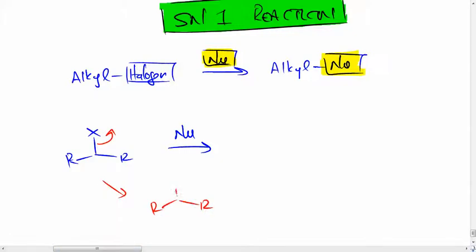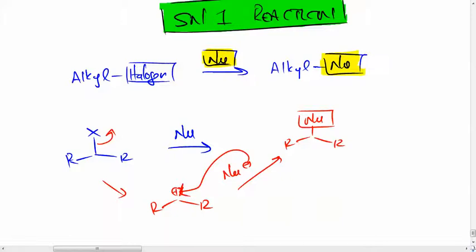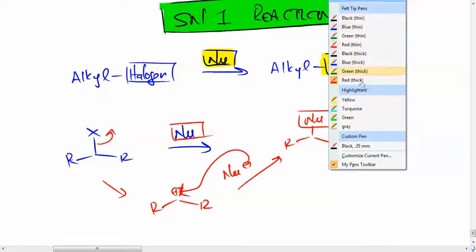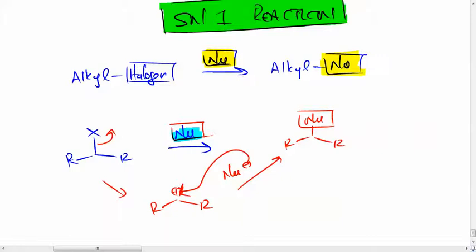Once we generate our carbocation, the nucleophile can come in and attach at that center, and we'll generate our product. Cool.